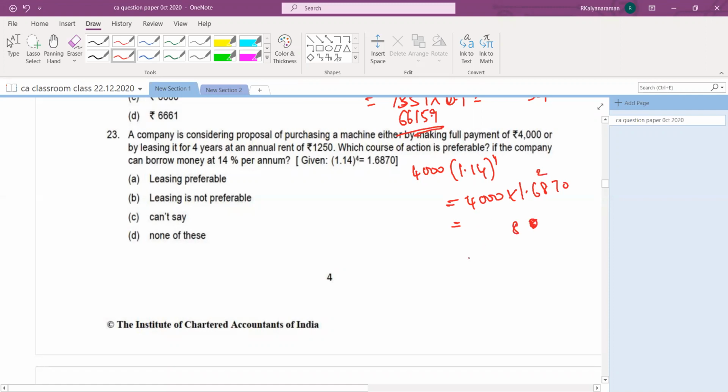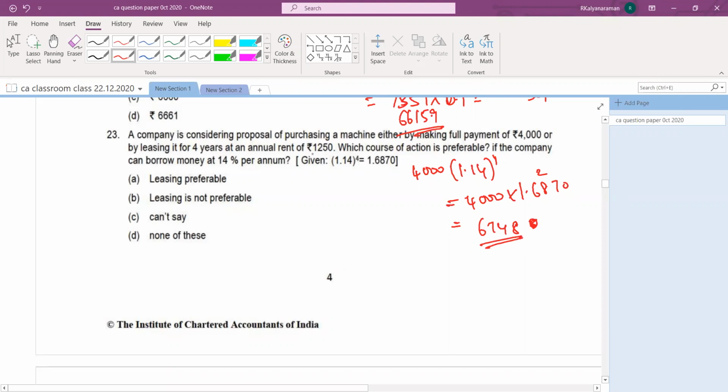If you use the calculator, I think it will be faster. So 4 7 is 28. So this is 6748.